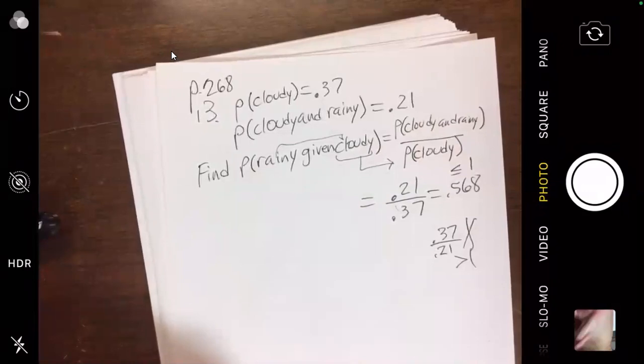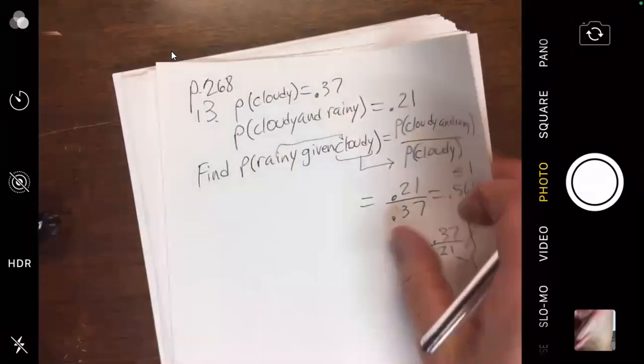All right, why don't we jump down to number 17? There's a lot of parts to it. We won't do all the parts, we'll leave some of them for y'all. But this is about polling adults. It's a long problem with a lot of numbers.